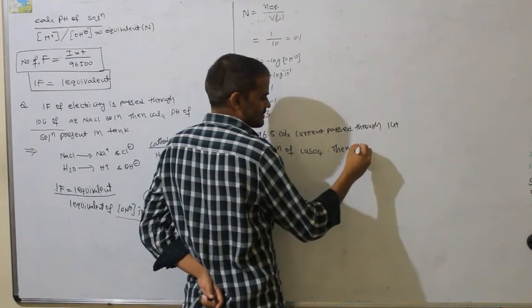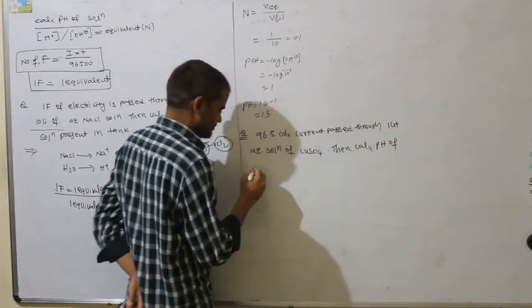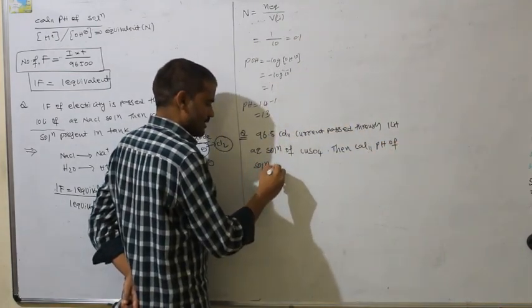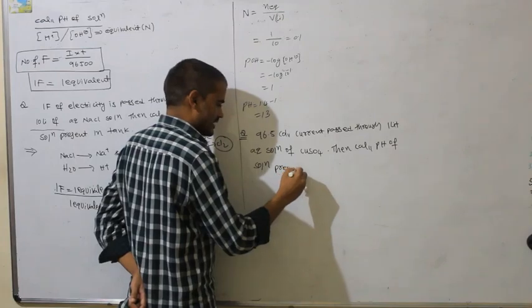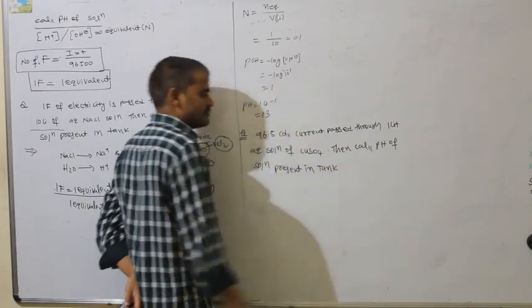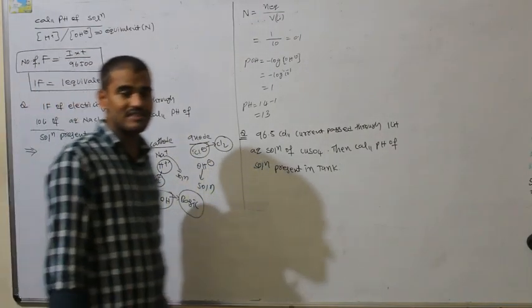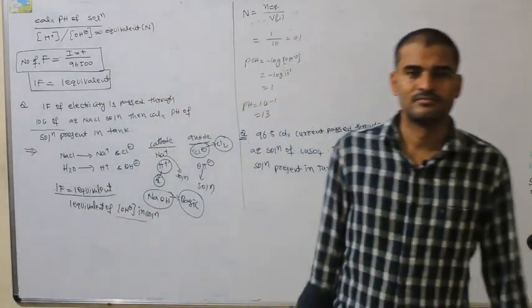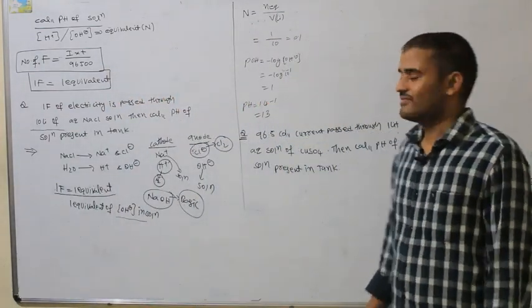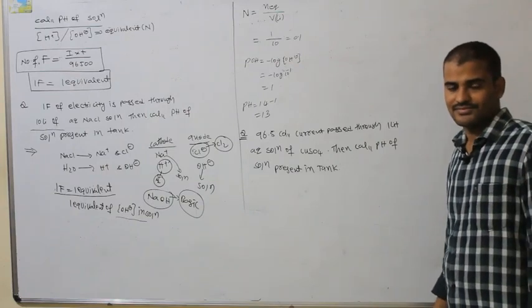Then calculate the pH of the solution present in the tank. So here I am not given how many Faradays I am supplying. Since it is not given, you should calculate how many Faradays are given.